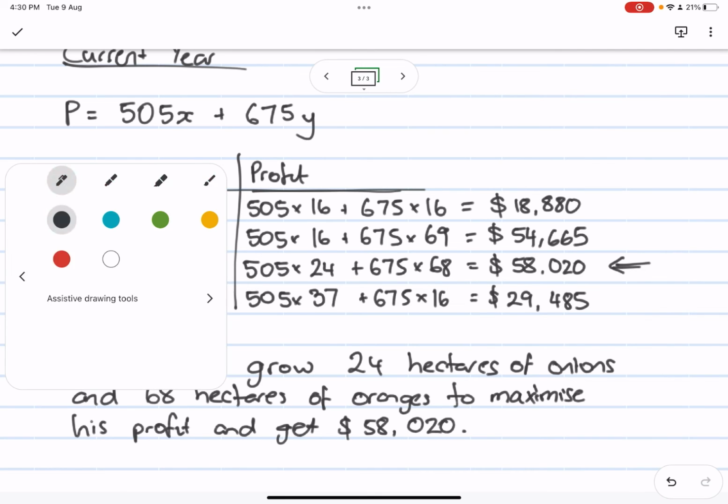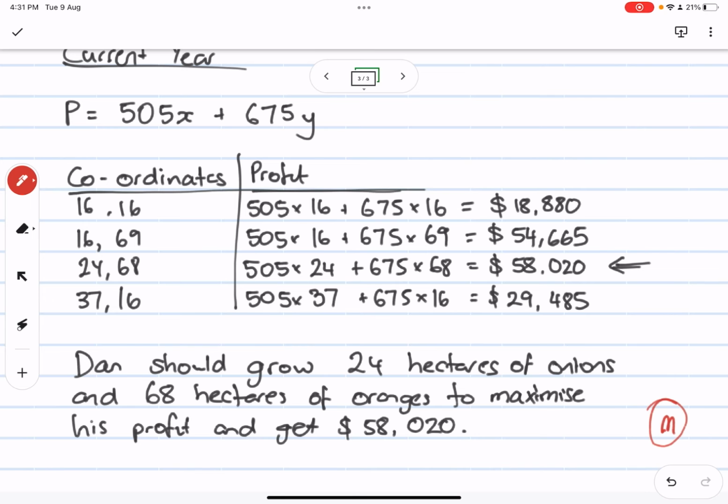Okay, now if you get that far, that is a good solid merit.